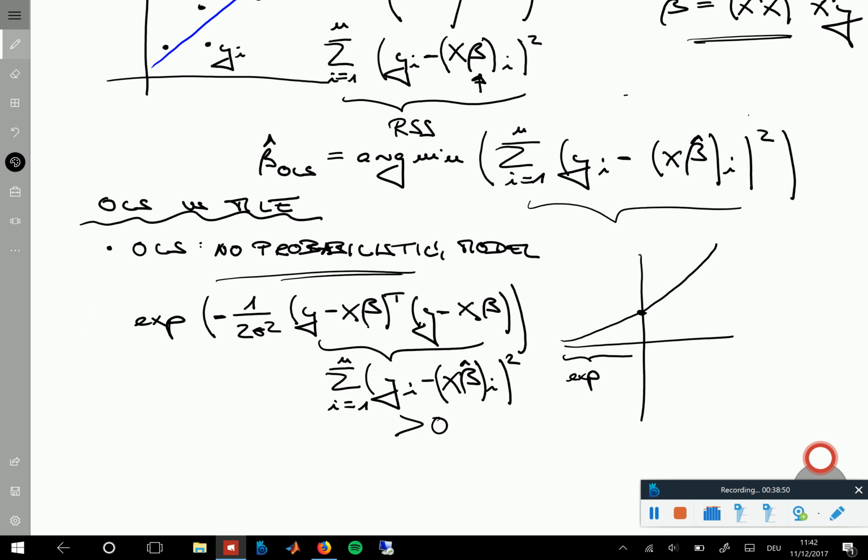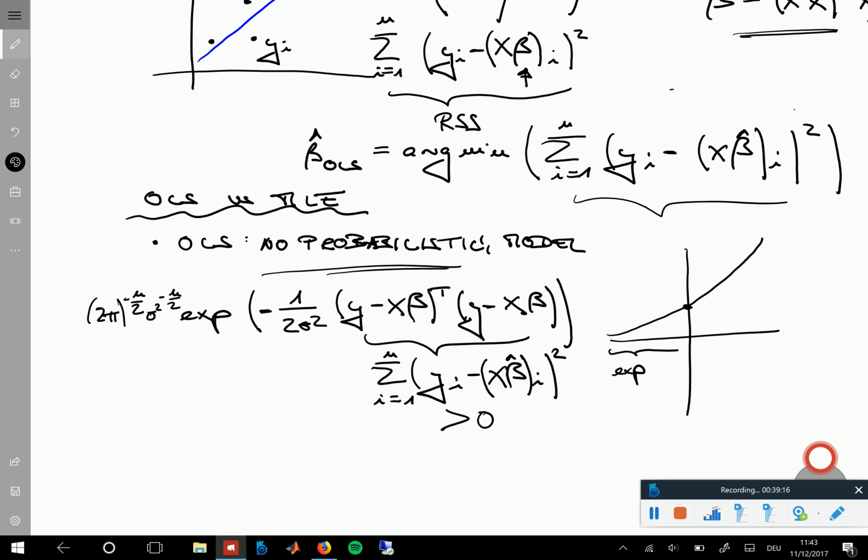Sorry, there's no minus sign there. I was confused for a second: this is when we still have the original likelihood function with the 2 pi to the minus n half and sigma square to the minus n half. So it's this function that I'm talking about, not the likelihood function. I confused myself there a little bit.